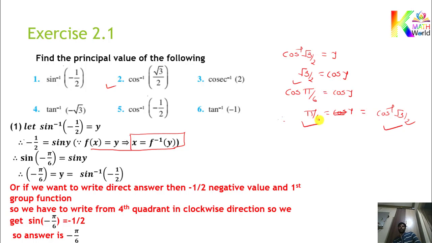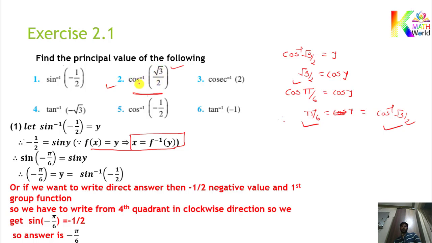Again, you don't need to calculate this value. If you don't want to calculate, how can you write the value directly? Whenever you have a positive value, as we discussed, you can write the answer from the first quadrant only. So for root 3 by 2 with cos inverse, remember the value in terms of cos only.